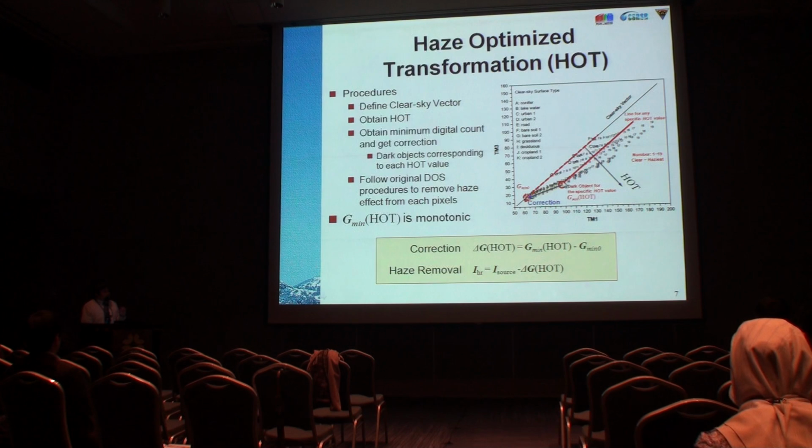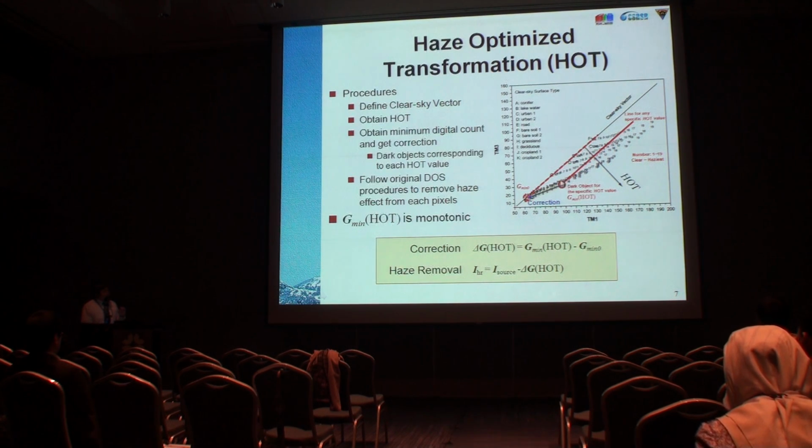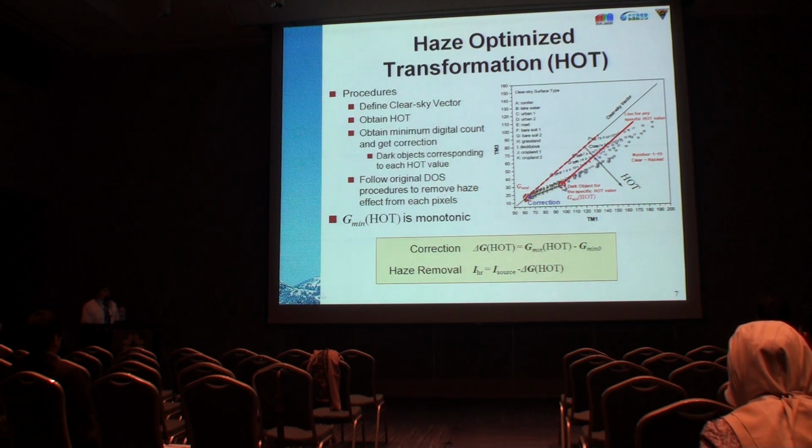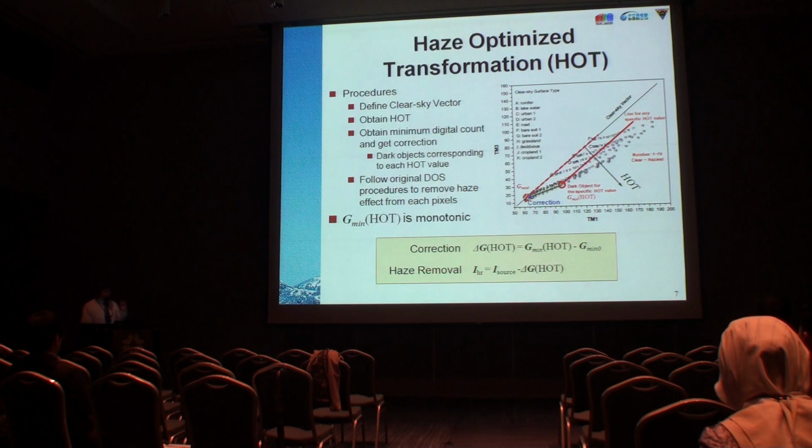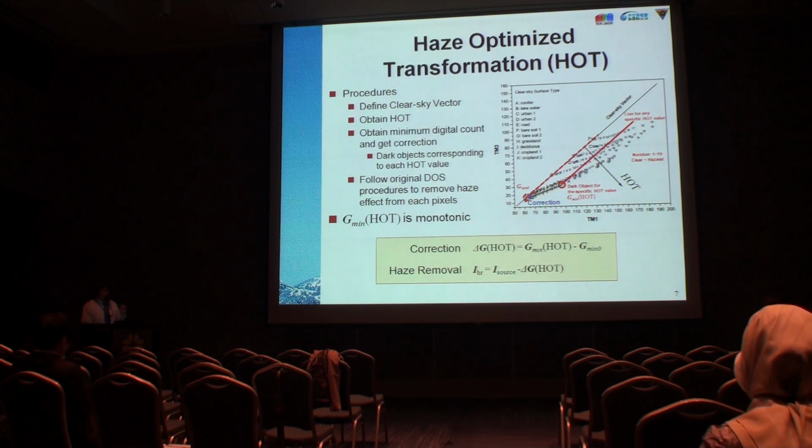So if we take the minimum pixel value here, you can regard this point as the minimum in this haze condition. This is the equivalent dark object in this haze condition.